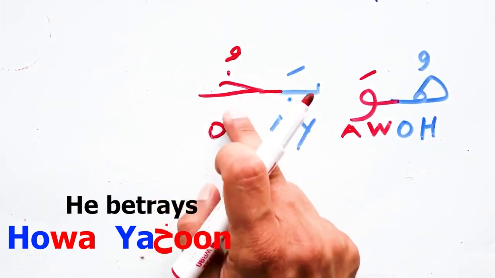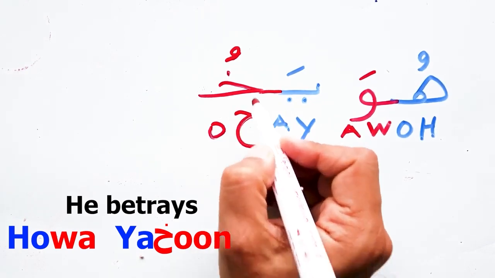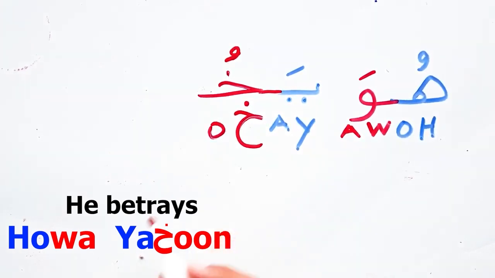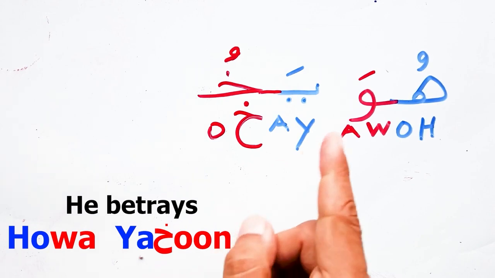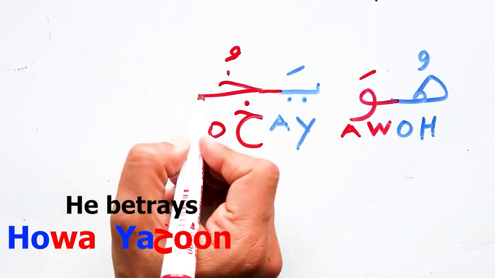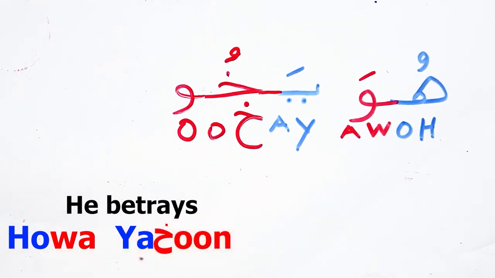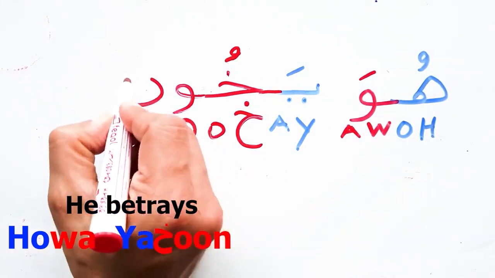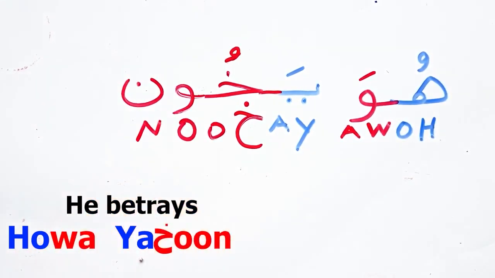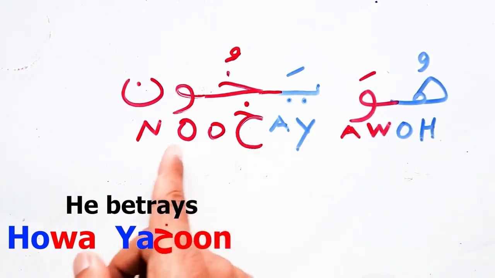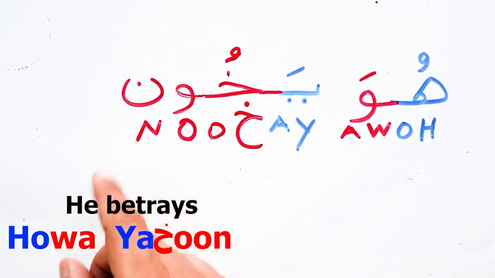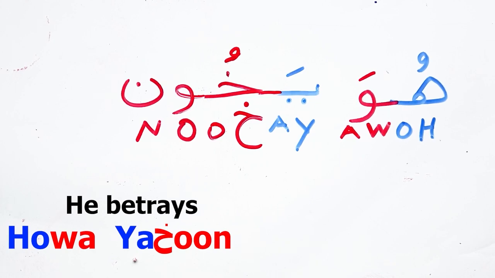Okay? So this is the difference when we have sukun or other marks. Yakhu, yakhu, long vowel waw. It sounds like O. Yakhu, yakhun, the sound of N in the end. هو يخون.